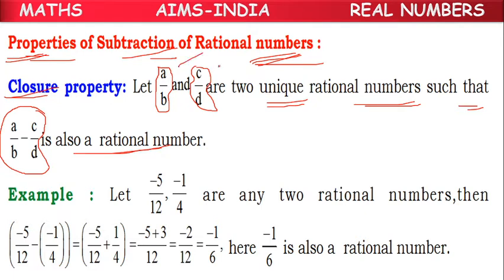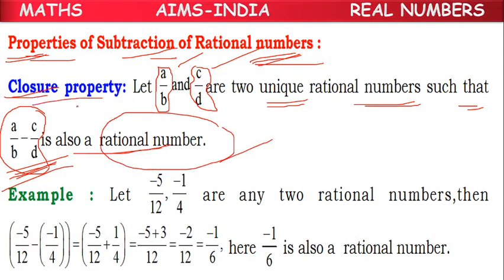It means if the difference of two rational numbers also results in a rational number, then rational numbers obey the closure property under subtraction.